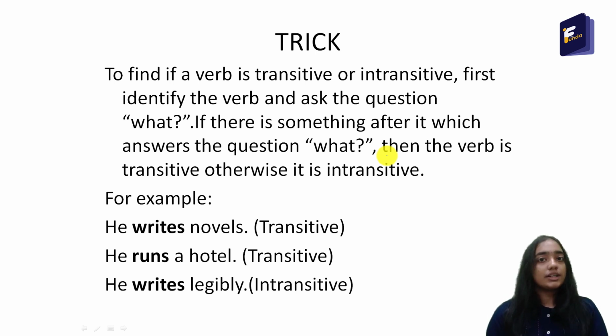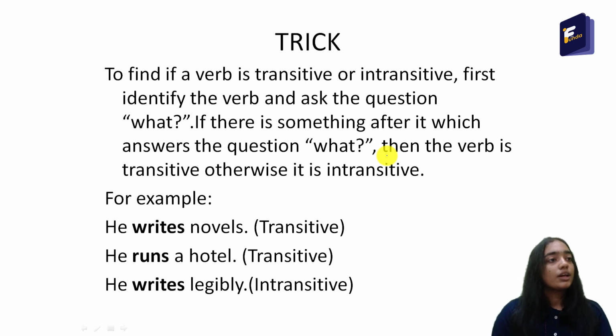If there is something after it which answers the question what, then the verb is transitive, otherwise it is intransitive. This is the simple trick with which you can solve every question related to transitive and intransitive verbs.